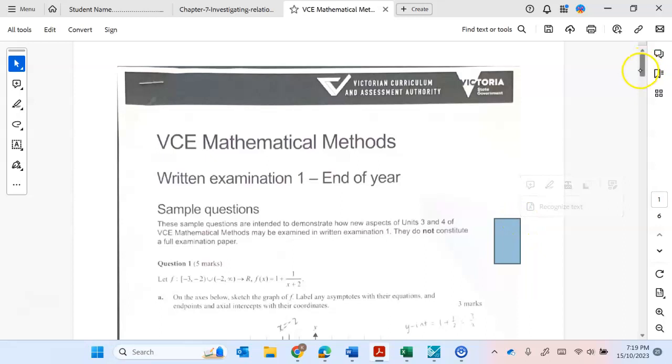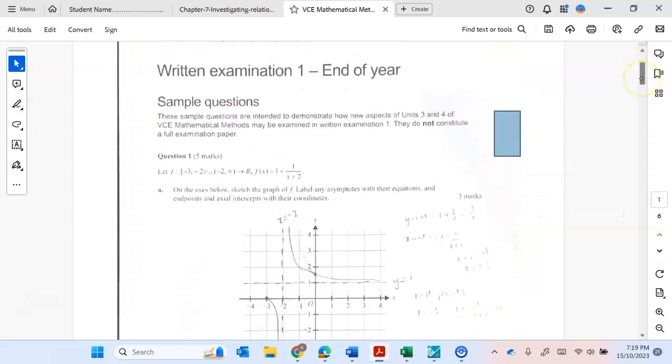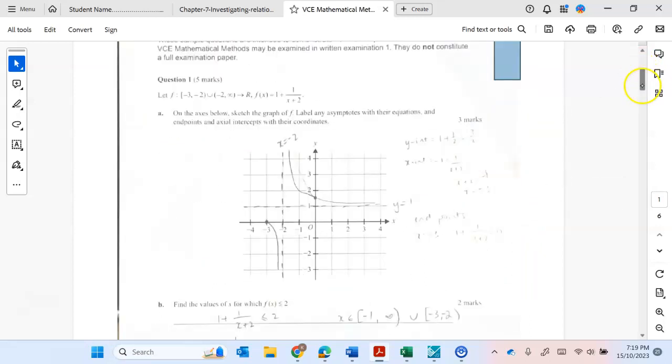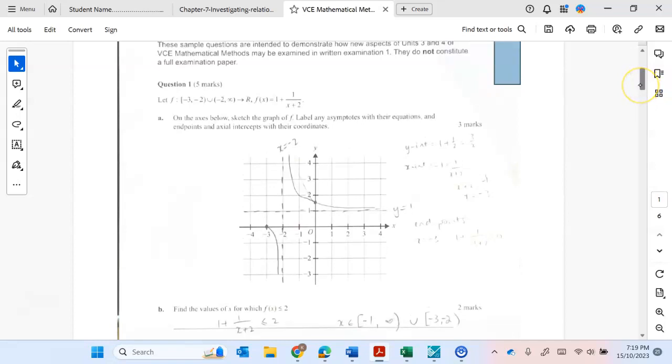Oops, got to remember it's a PDF. I can't scroll that way. Okay, so in question number 1, we're going to sketch a hyperbola. With this question, or any question that you need to sketch, just take note of the domain. Here's your domain. So x is going to be any value from -3 to -2 and -2 to infinity.